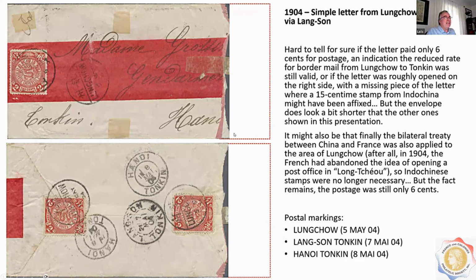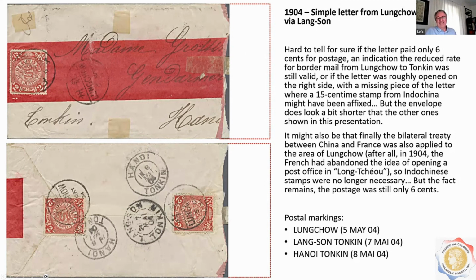Obviously, this one I added here, in a dotted line, what would have been for me the size of the envelope. This one was definitely cut open a little bit roughly. If I try looking at the prior envelopes I have of the same type, what would have been the size of this one? There is a good chunk missing. There might have been enough space here to put a stamp from Indochina. I don't know.